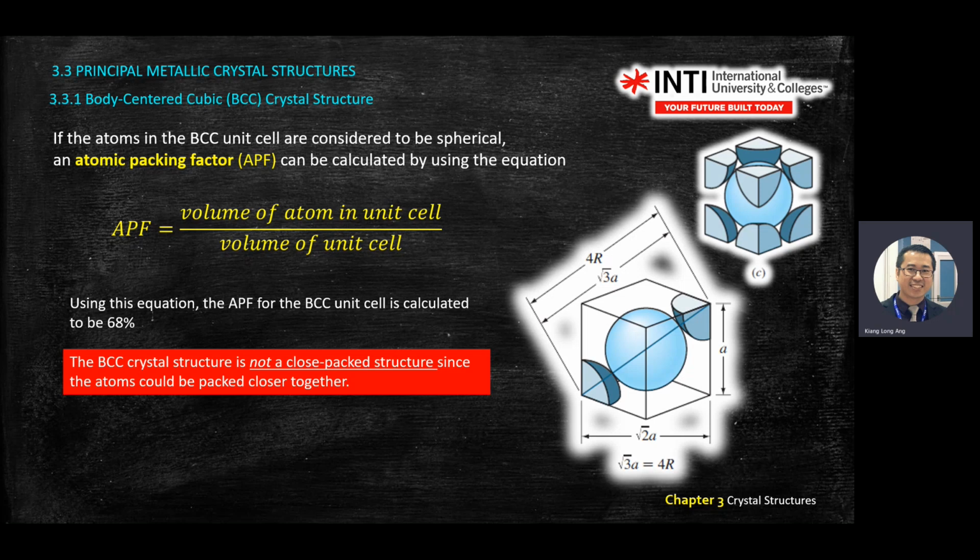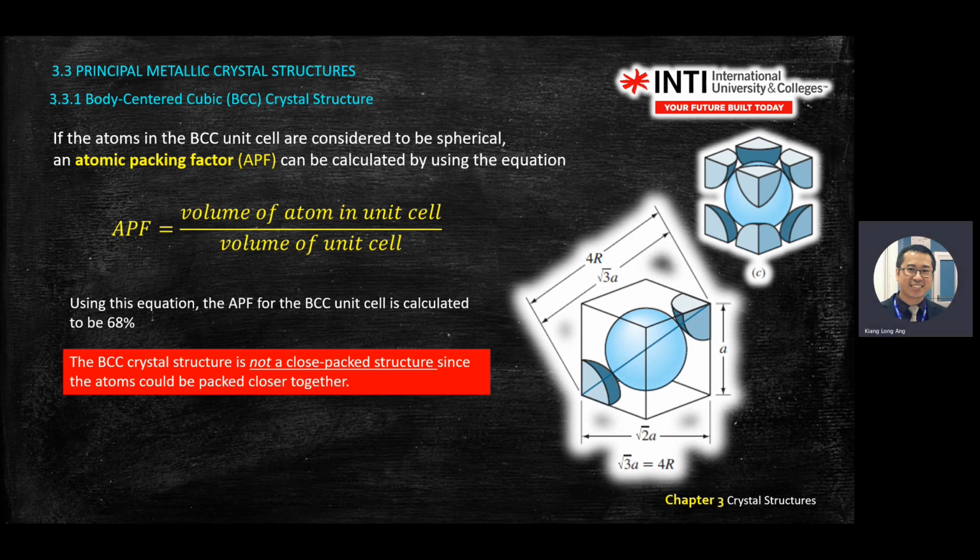APF equals volume of atoms over volume of unit cell. For BCC, we have 2 atoms, so times 4/3 pi r cube. Unit cell is A cube, so I just substitute.